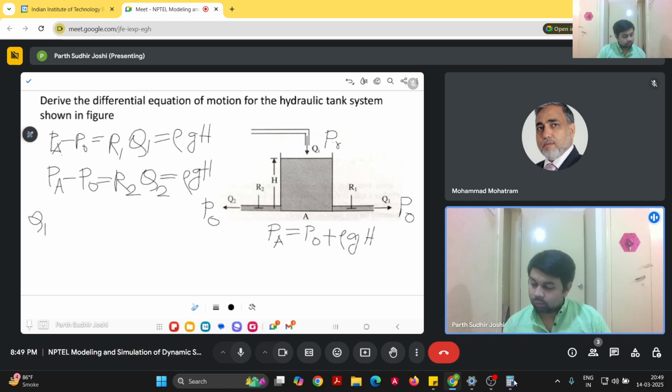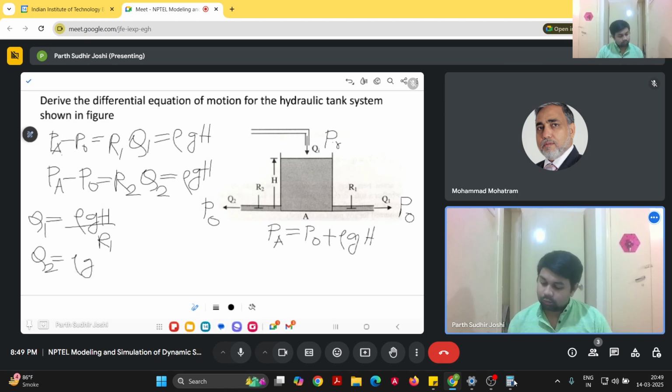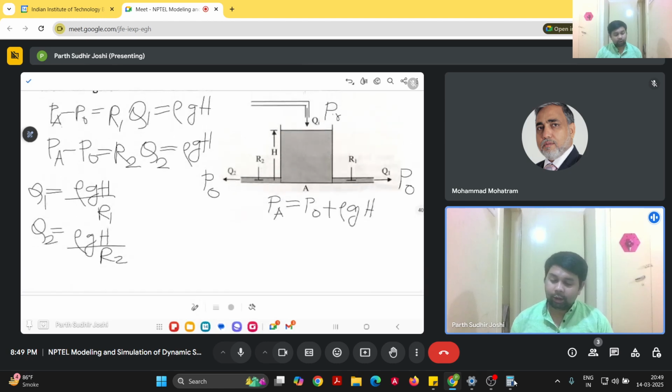So basically Q1 is rho gh by R1, and Q2 is rho gh by R2. So we get the flow rates in terms of the height and the hydraulic resistance.